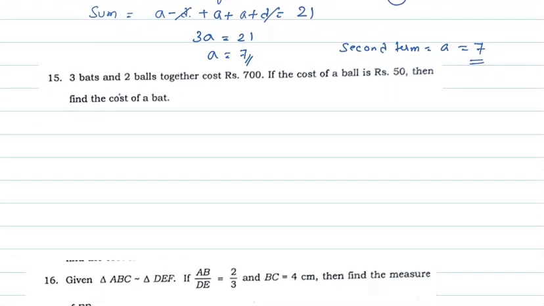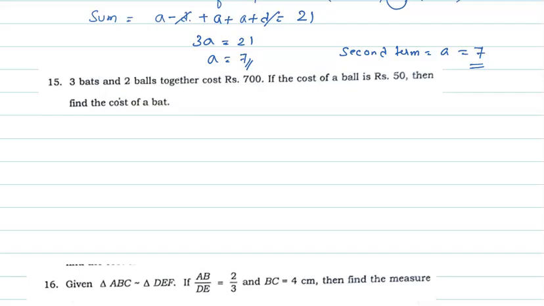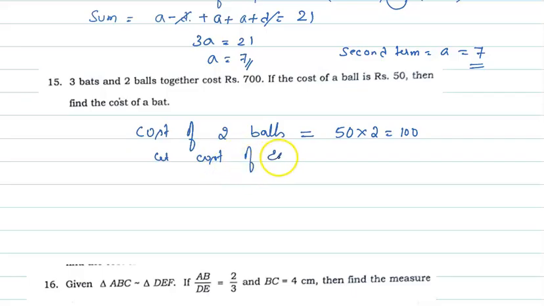Next, 3 bats and 2 balls together cost rupees 700. Cost of one ball is 50. Then what is the cost of 2 balls? Cost of 2 balls is 50 into 2. If one costs 50, then two cost 100. So let the cost of each bat be x rupees.